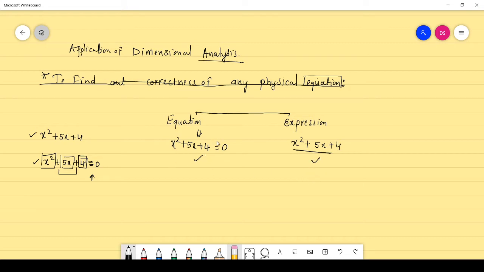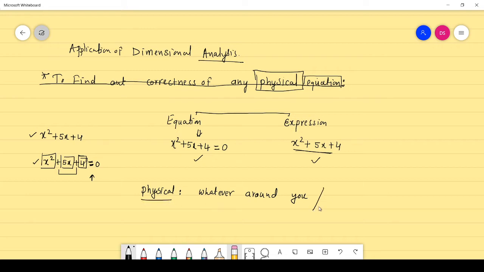Now an equation consists of an equal sign, but we are not talking about the mathematical equation, we are talking about a physical equation. Now what is the meaning of physical? Let me explain to you. Physical means whatever is around you, right?